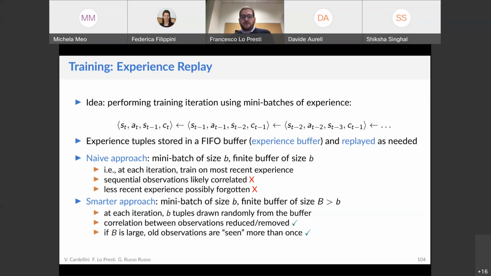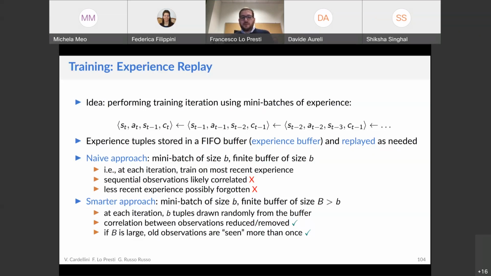A naive approach would consist in defining a size for this mini batch, let's say B, and using a buffer of size B. So what happens is that at each iteration, we train on the most recent experience we have in the buffer at that moment. There are some problems with this approach.